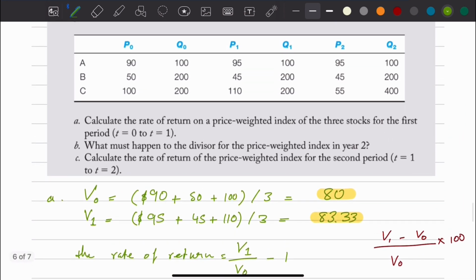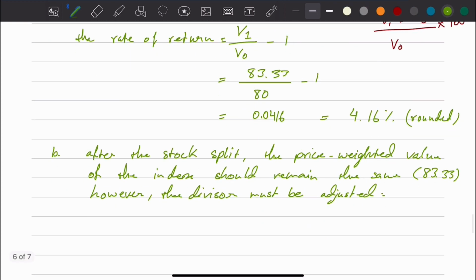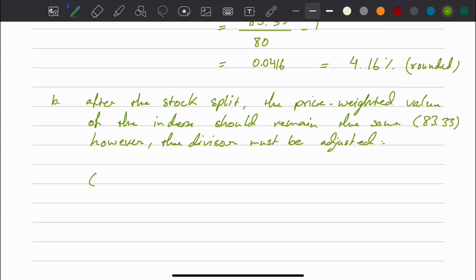Here we have the updated prices. Let me highlight them for you: 95, 45, and 55. 95 plus 45 plus 55 divided by D, because this is what we want to calculate, should equal 83.33.